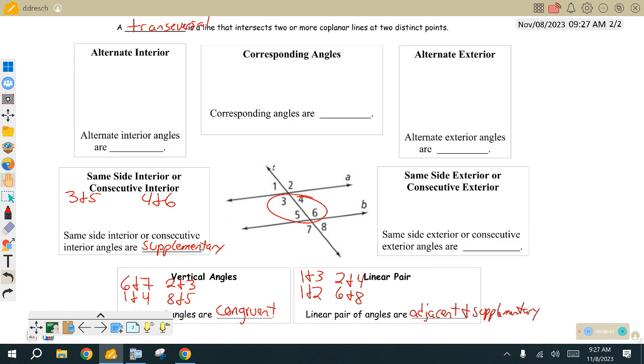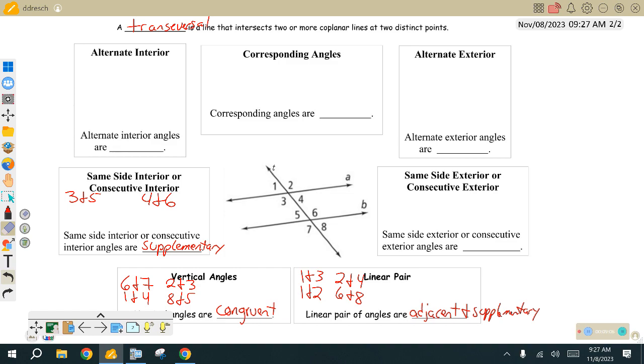Now, that's same side interiors. All right, let's go next door. Let's use our context clues there. Same side exteriors. Deontay set it all up for us. We're all smart kids. What would be an example then, Carter, of the same side exterior? 1 and 7. We already narrowed it to the exteriors, 1, 2, 7, 8.